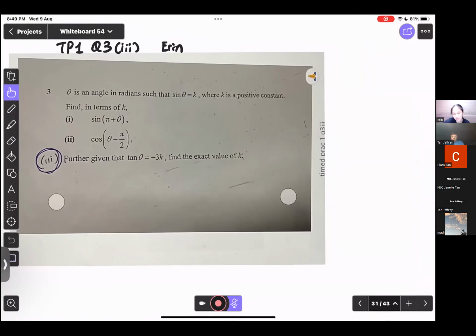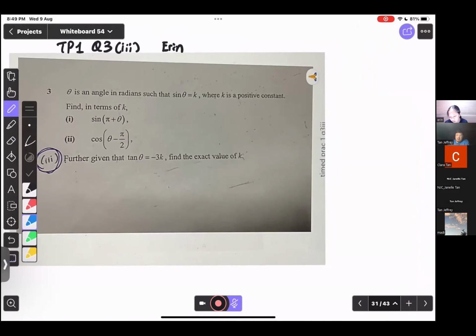Okay, this is prep 1, question 3, part 3. What's bothering you for this question is part 3, I guess. So, tangent theta is negative 3k. I want to find... Wait, I got tangent theta equals k over square root 1 minus k squared.